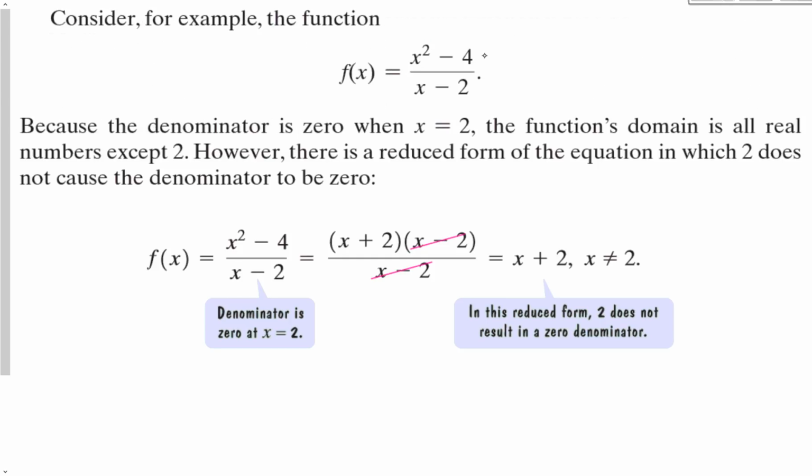Okay, so if I look at this rational function right here, you would think that this would be a weird graph, but it's not, because if we factor the top, x plus 2, x minus 2, over x minus 2, we can see the x minus 2's cancel, and we're left with x plus 2. Well, the graph of x plus 2 is pretty simple to graph.